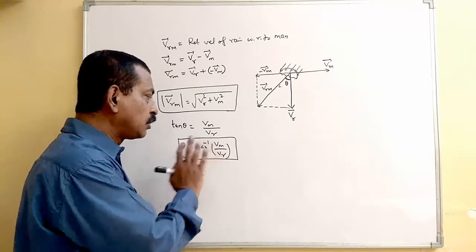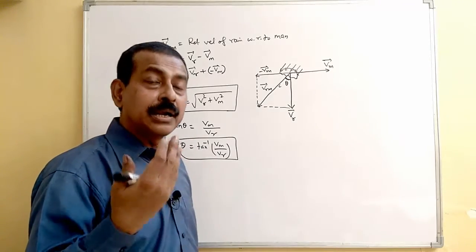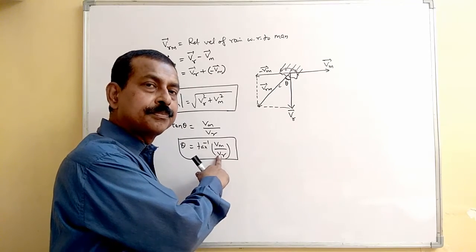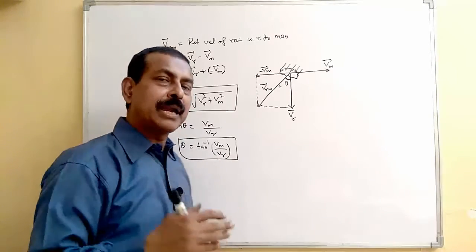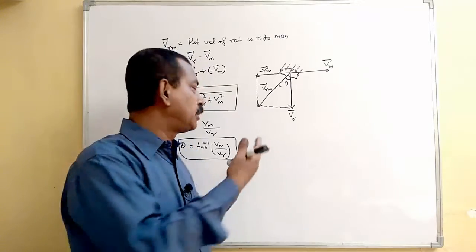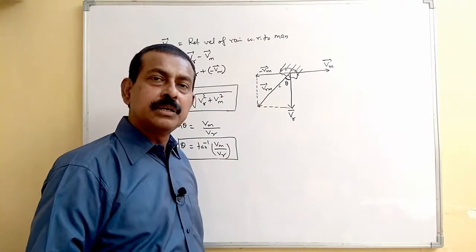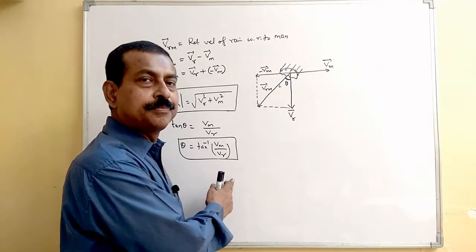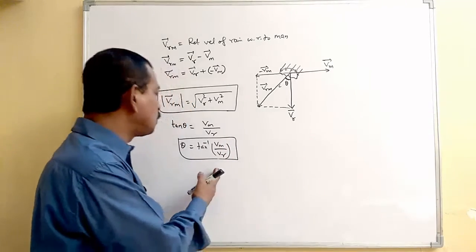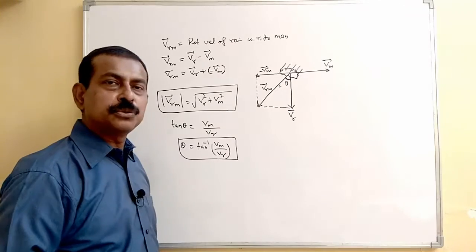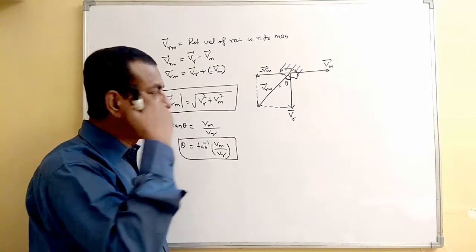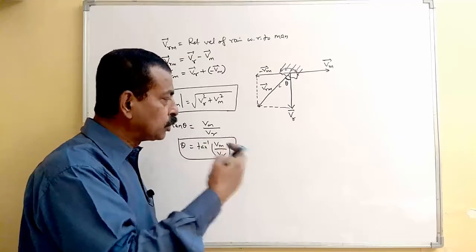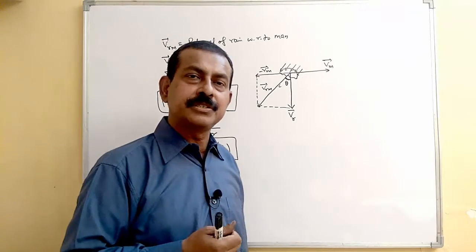For rain, it is your Vr. For light, it will be the speed of light in the denominator. And you know that the speed of light is very large compared to the person's speed. In that case, this fraction will be negligibly small, and theta will be almost 0. That is why we don't need to tilt the umbrella if we start running and want to protect ourselves from the sun rays.